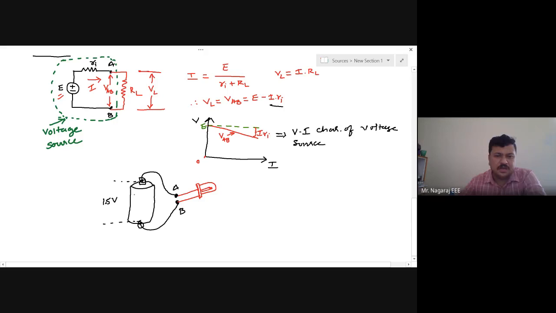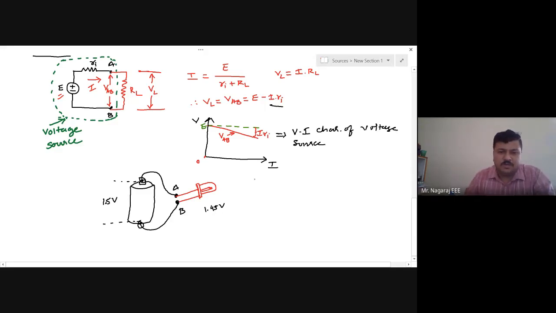Some drop is there in the dielectric material, some in the contact, though it is in millivolts, and some drop in the wire. So the voltage available at the terminal AB may not be 1.5 volts, it can be 1.45 volts. It is a very small drop of 0.05 volts, but still it is a drop.